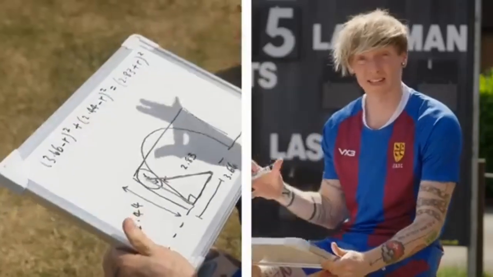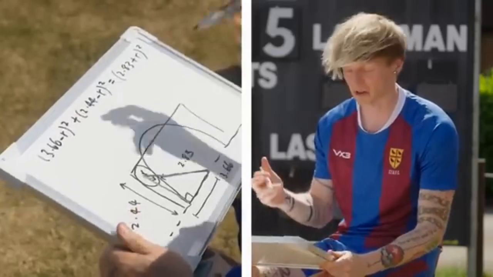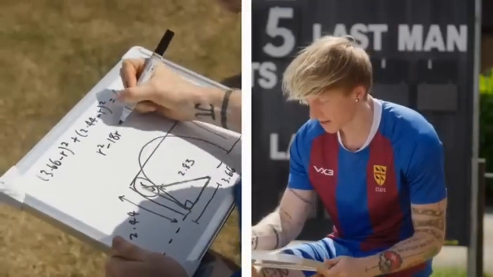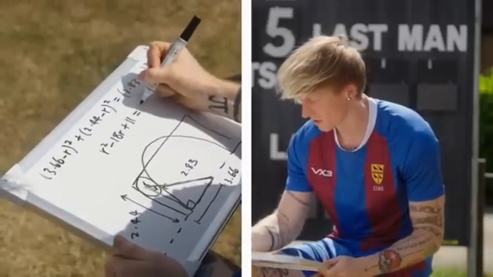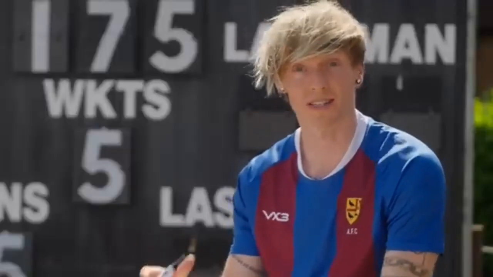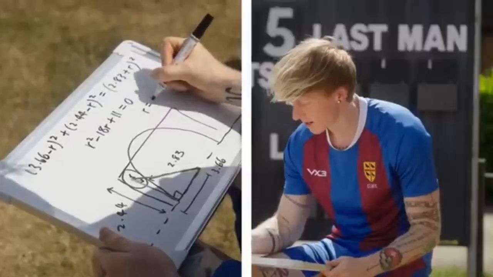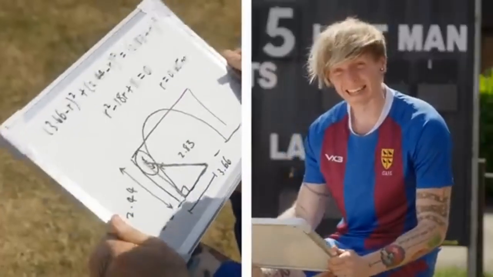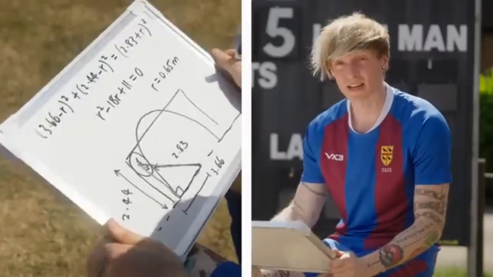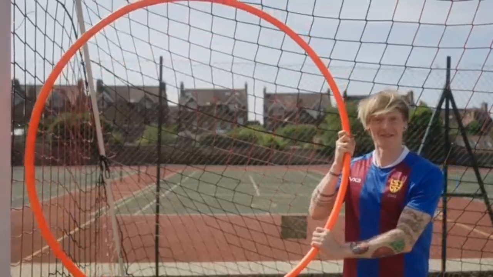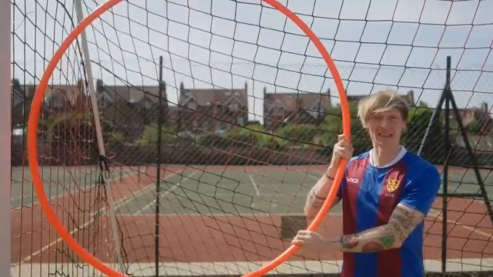If we now expand out this equation, we get approximately r squared minus 18r plus 11 is equal to 0. This is a quadratic equation which we solve using the quadratic formula, which tells us that r is 0.65 meters. So what we need is a circle of radius 0.65 meters.